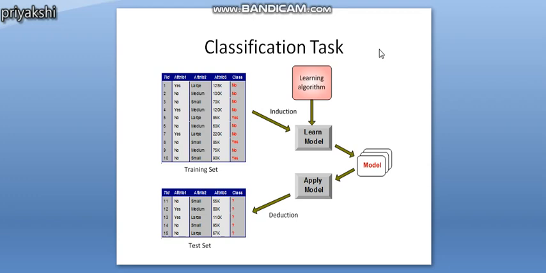The model generated by a learning algorithm should fit the input data well and correctly predict the class label of records it has never seen before.